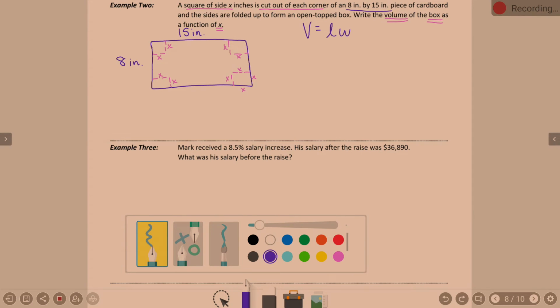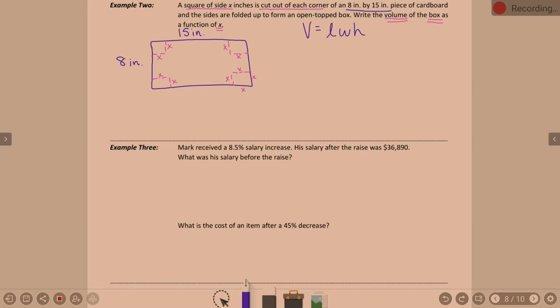Length times width times height. Now, why can this not be my final answer? It's supposed to be in terms of x, and I have an L, W, and H. So we have to take the length, the width, and the height, and all put them into terms of x. Yeah, like we did a few chapters ago.